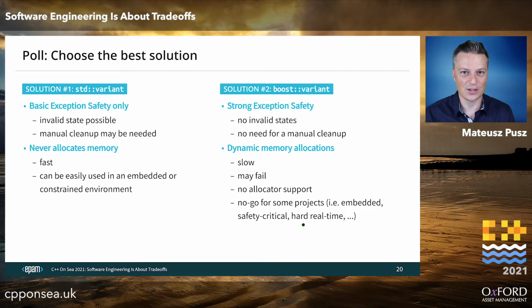It seems that the standard committee made a good choice here, that we preferred to disallow allocations at the cost of exception safety guarantees. Yes, and okay, we are going to end the poll in about 5 seconds.